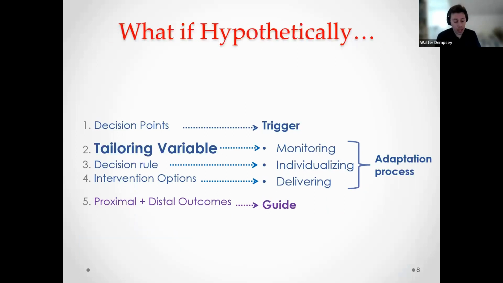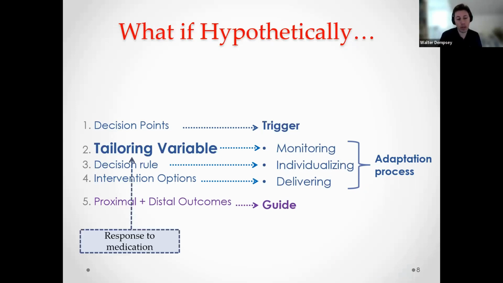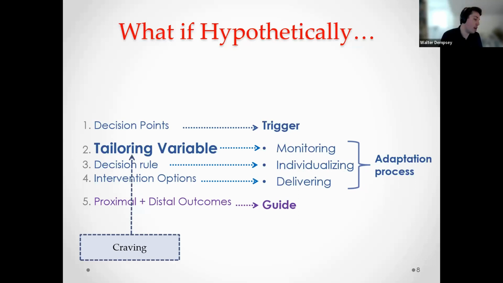But the key connection to just-in-time adaptive interventions is that we're going to take the same things, but instead of thinking about response to medication, I want you to think about something like craving. In this case, think about an individual who's trying to quit smoking, and we're thinking about cigarette craving.